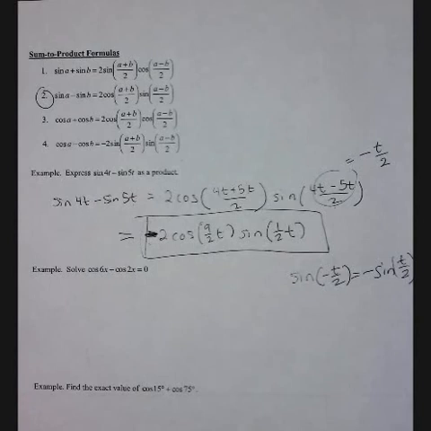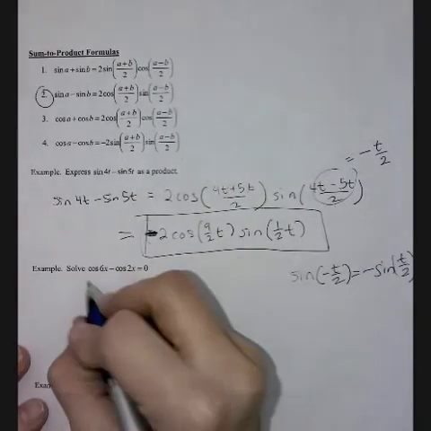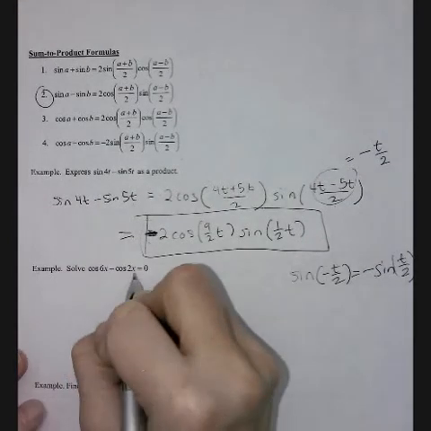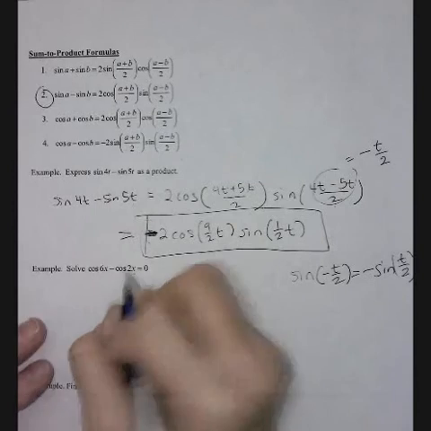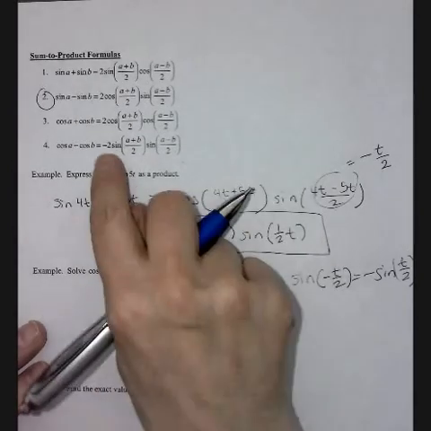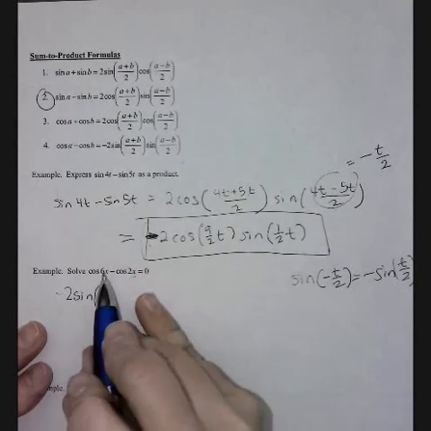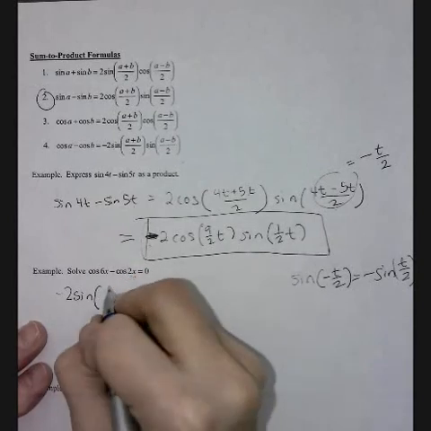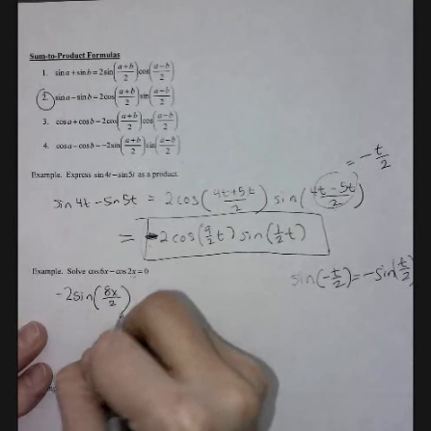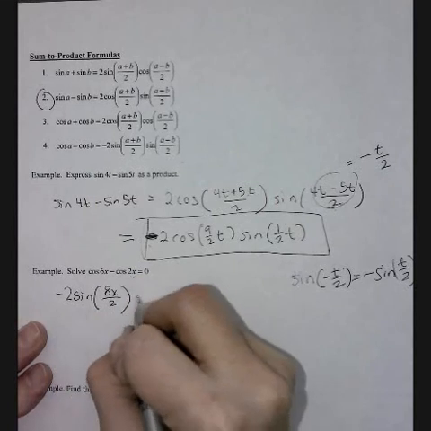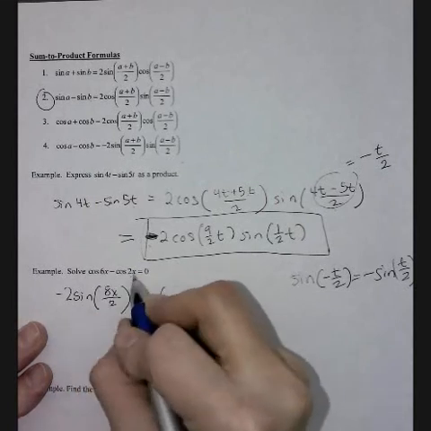So cosine 6x minus cosine 2x is equal to negative 2 sine of (6x plus 2x) over 2, which is 8x over 2, times the sine of (6x minus 2x) over 2, which is 4x over 2.